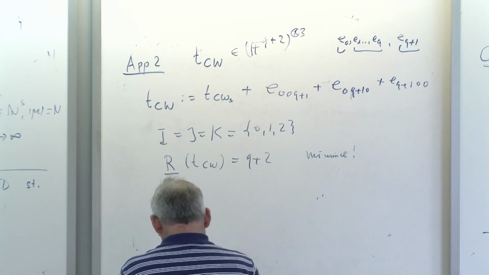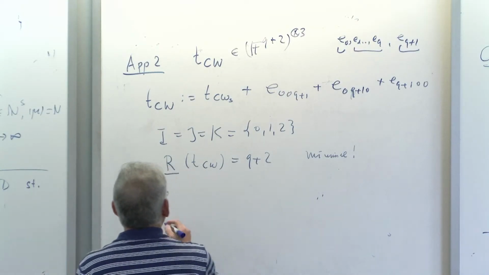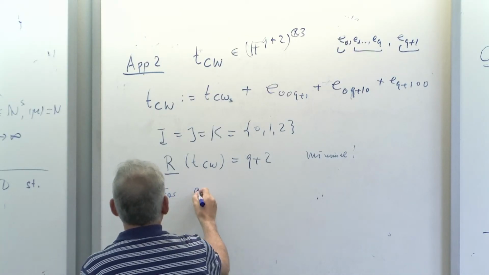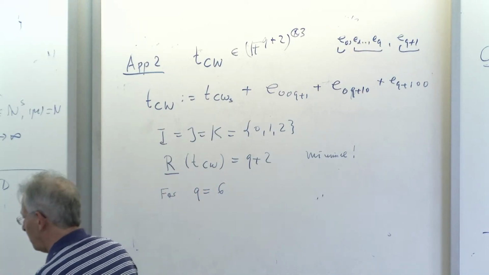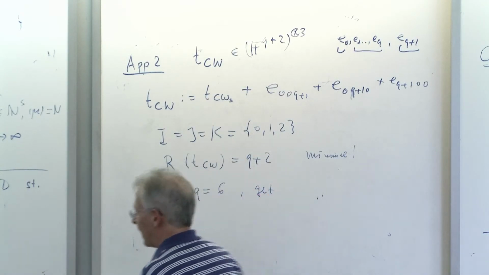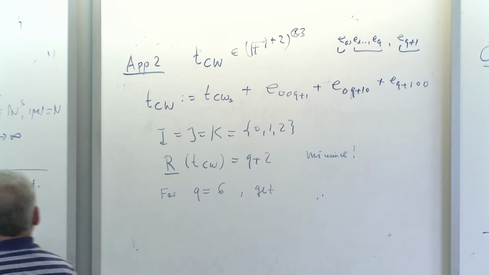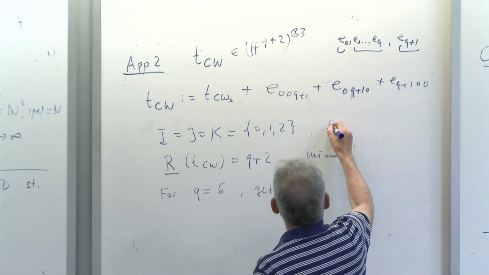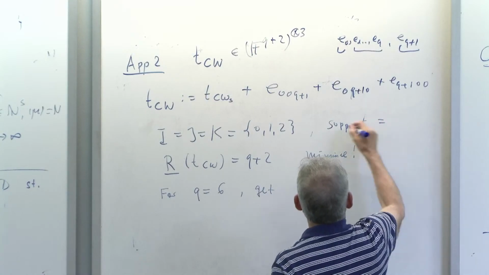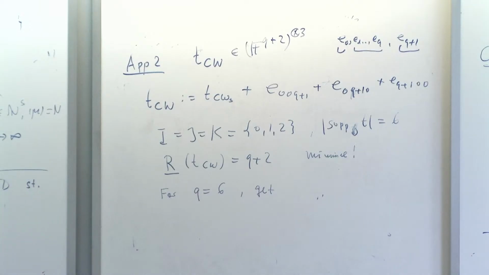Okay, and so, for q equals 6, I apply the theorem. Now this would be a little bit more complicated because the support has 6 elements.